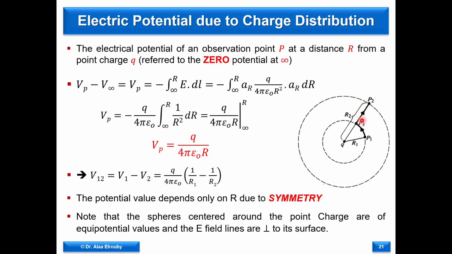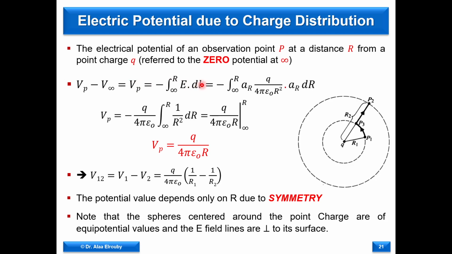So the potential of this point equals the potential difference between the point and zero, which is the potential at infinity. According to this definition, it is equal to the integration from infinity to r, with a negative sign, of E dot dl.